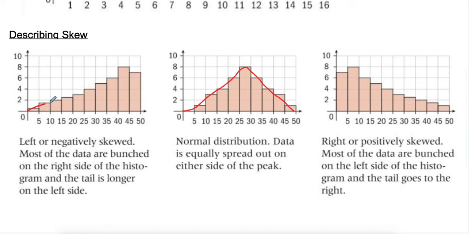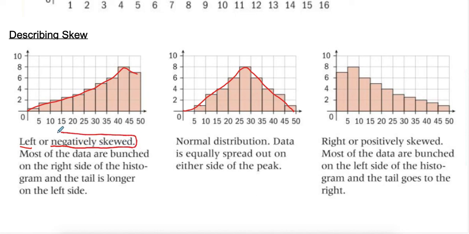This one, if you drew a frequency polygon or a line, you can see that the tail stretches towards the left. So although the data is bunched on the right hand side, we actually call this left skewed, because the tail stretches to the left, or negatively skewed.